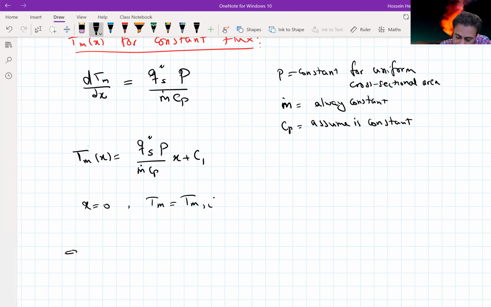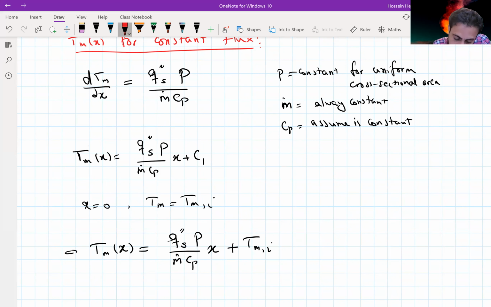If I do the replacement, I get the mean temperature variation with respect to x: q double prime s P divided by m dot cp times x plus Tm,i.